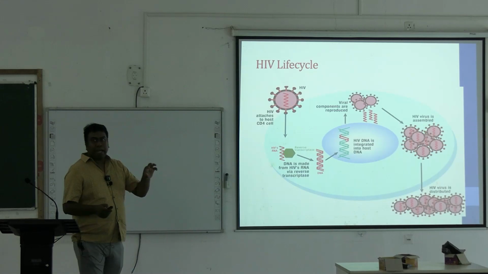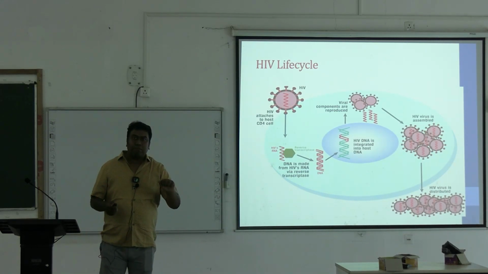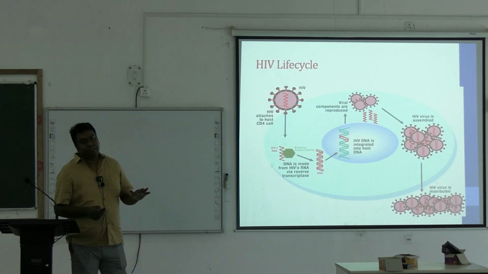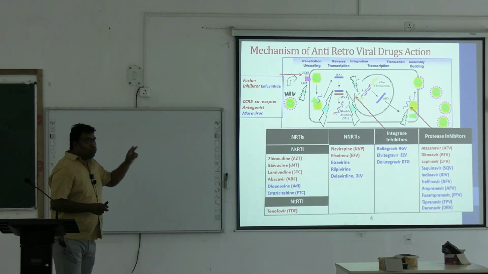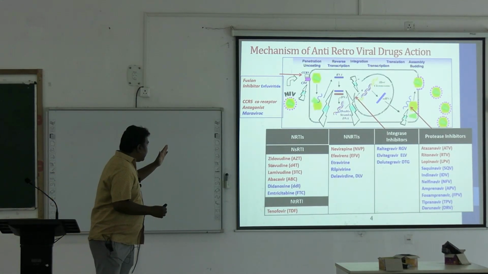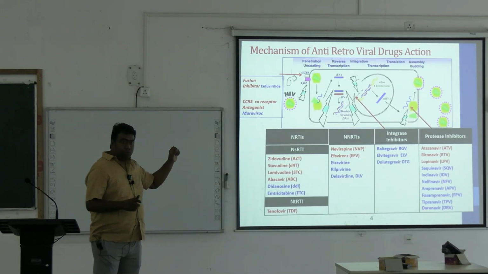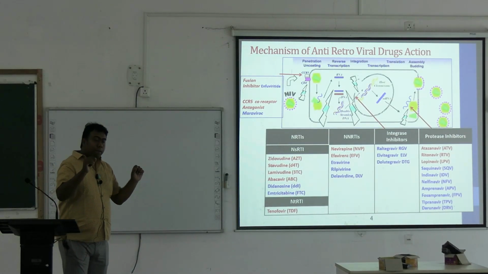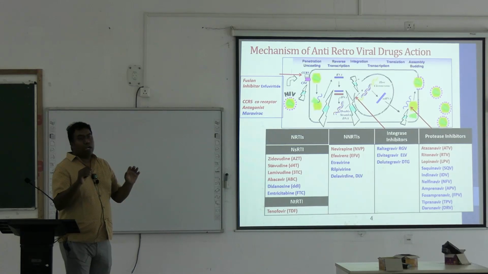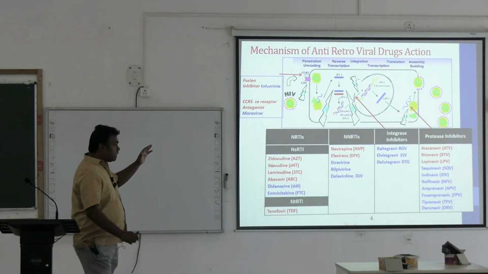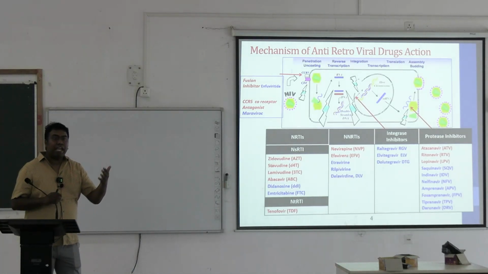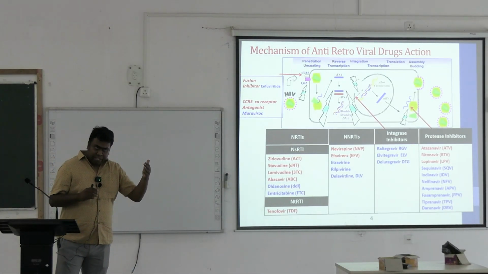Why is it important? To understand the mechanism of action of the different antiviral drugs. You have to remember all these names because primarily it comes alternate years as a long question. So what are the different classes of antiretroviral drugs?